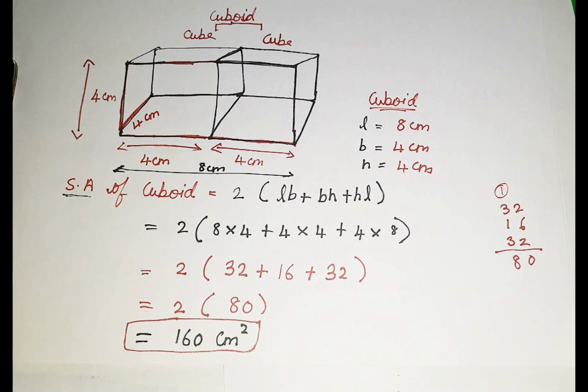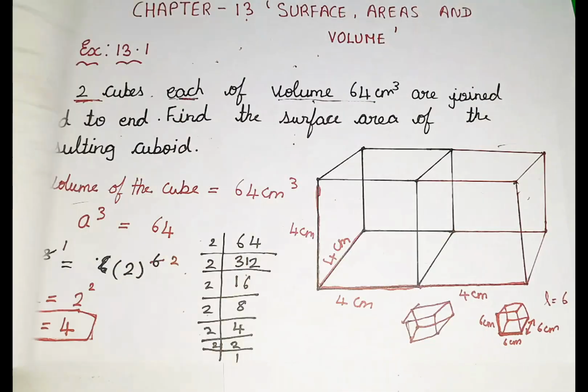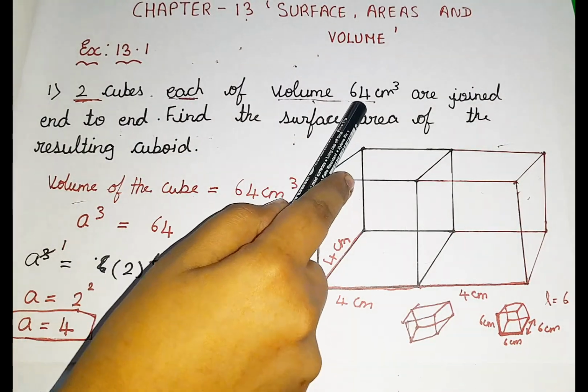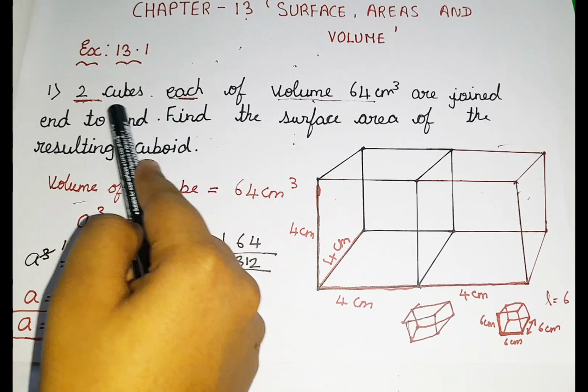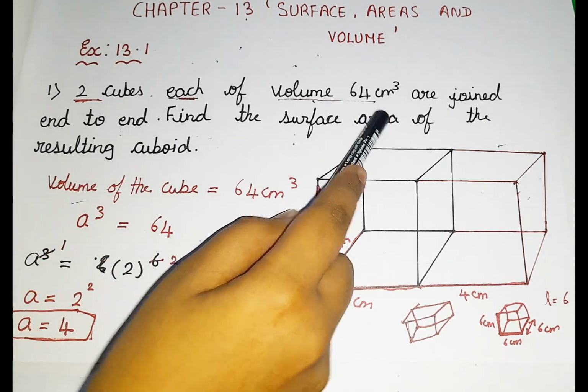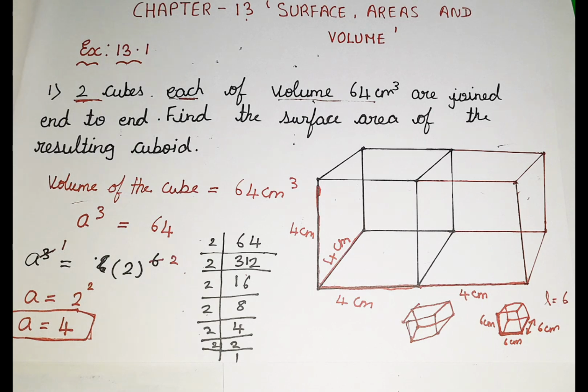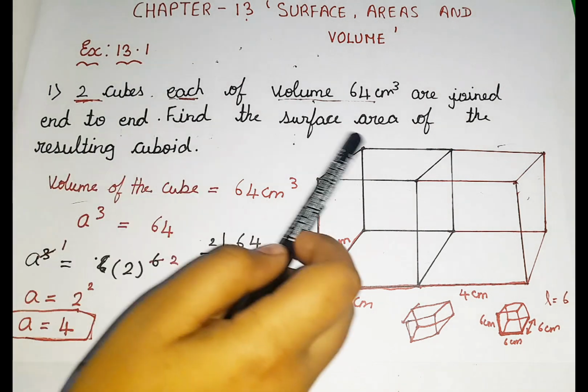Sometimes they might ask you to solve two cubes each of volume 64 centimeter cube, maybe square or cube. So you might get any type of question, so please be careful. Be aware of the starting of the question as well as the ending.